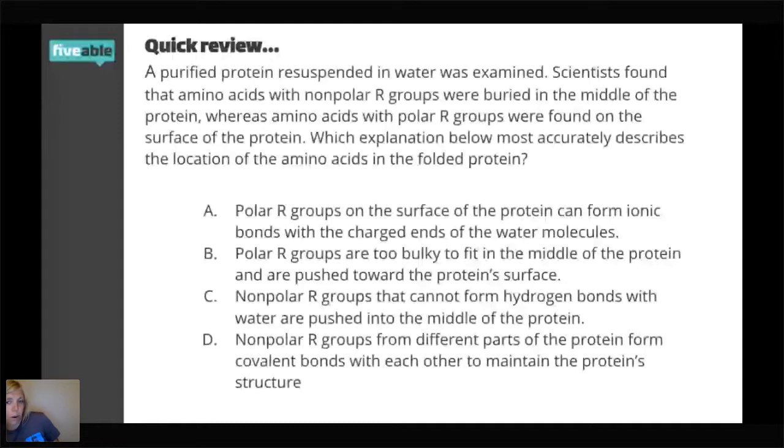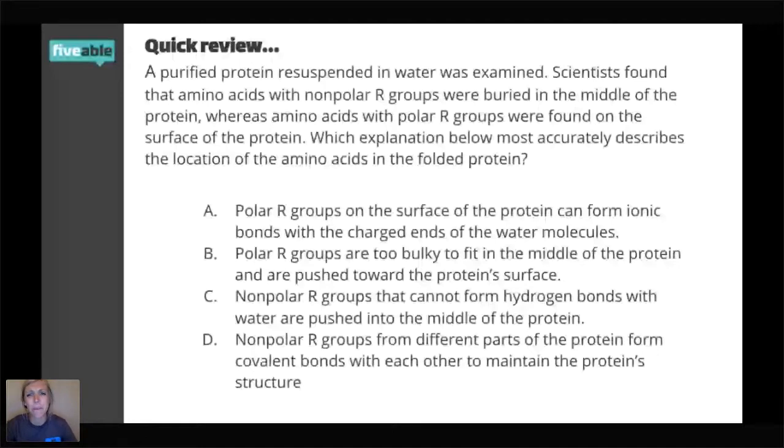So I know these are wordy, but like I said, I'm trying to give you some experience looking at these more wordy questions because this is what the AP test does look like. Okay, so in the chat box off to the right, go ahead and answer A, B, C, or D. So nonpolar groups are in the middle, polar groups are on the outside.